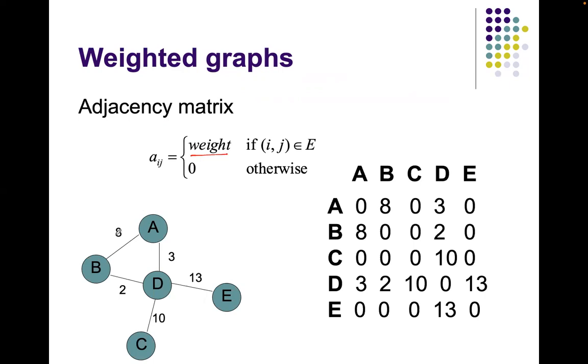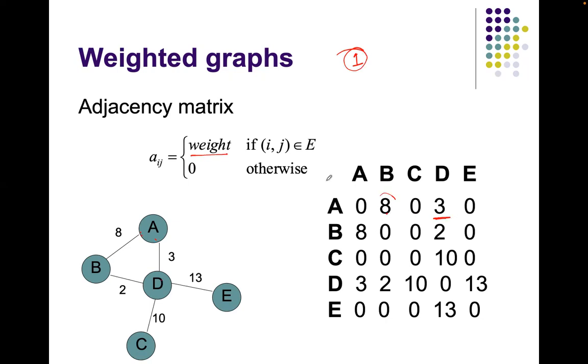For example, here A and B are connected, so the value of this cell is going to be 8. A and D are connected, so the value will be 3. Before, a value of 1 only meant whether they are connected or not, but as each edge has an associated weight, we represent the value with the weight.